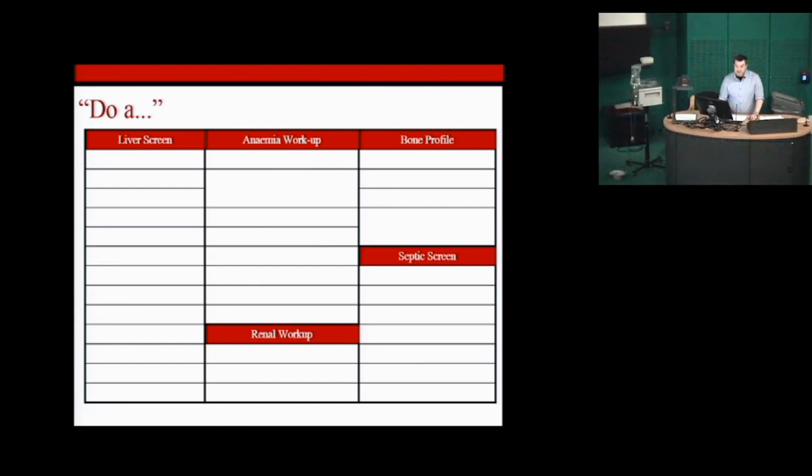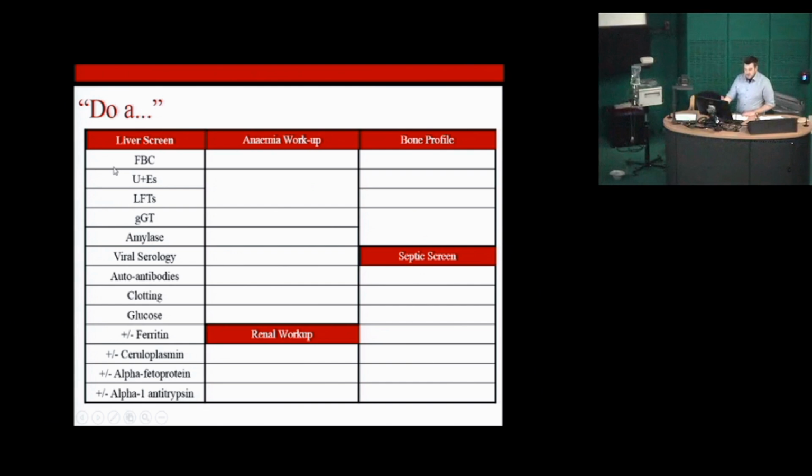Ceruloplasmin, copper. I think most people have said them. So your standard ones are here. If you're worried that they've got a hepatitis going on, these are justified. Ferritin, ceruloplasmin for copper metabolism, alpha-fetoprotein if you're worried about cancer, and alpha-1 antitrypsin if it's indicated.